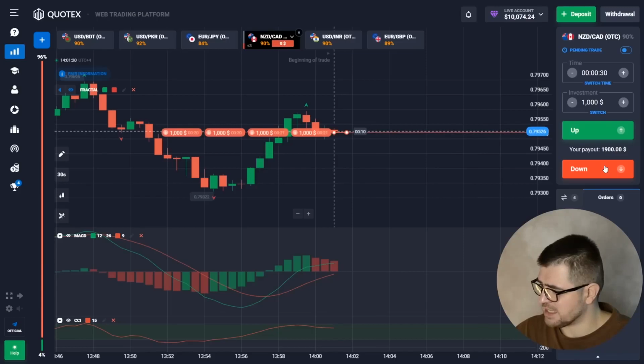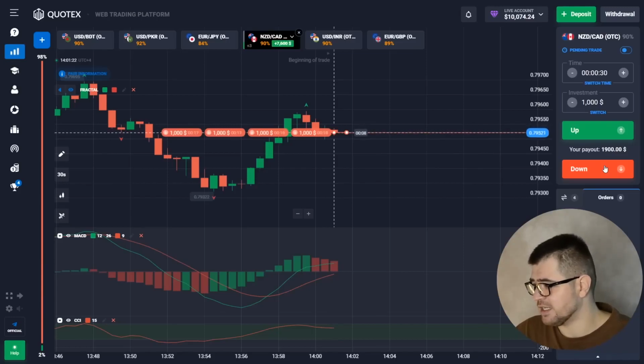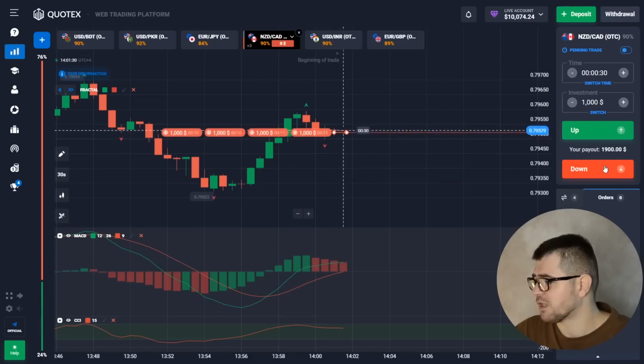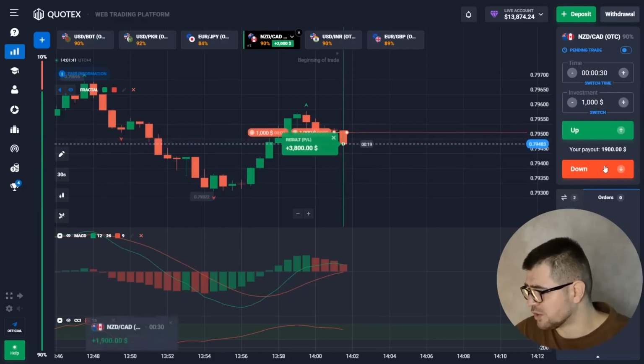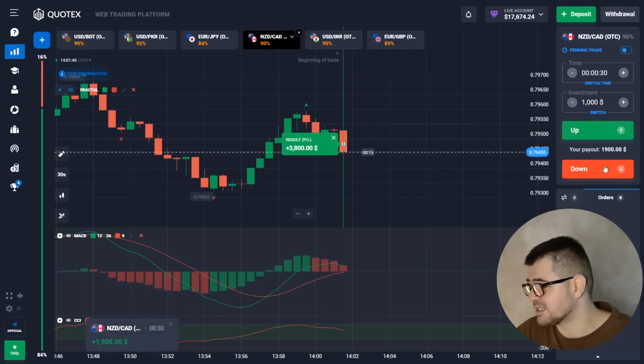So the MACD is giving us some ideas here. We're about to cross the slower line, and the bars are also indicating the price is going down. The fractal also was showing us that we're profiting because it's only 30 seconds.